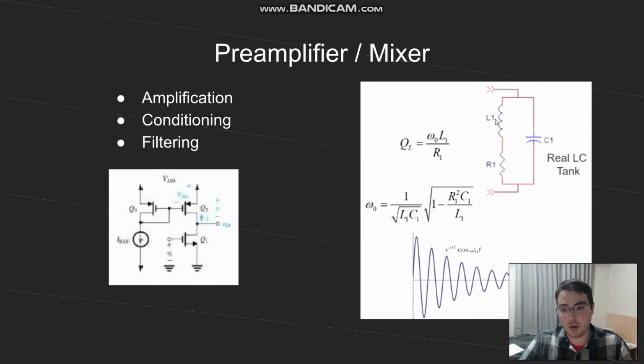And then after that, it goes right back to the capacitor. The rate at which this transfer of energy occurs will be the frequency of this sinusoidal response that we see right here. Now, this isn't a pure signal because there is a parasitic resistance.